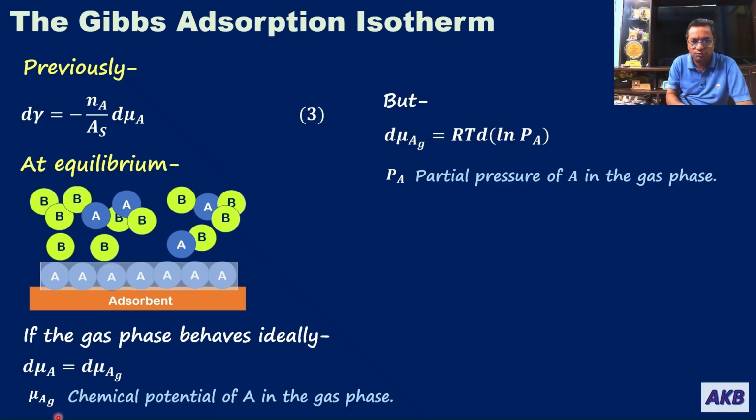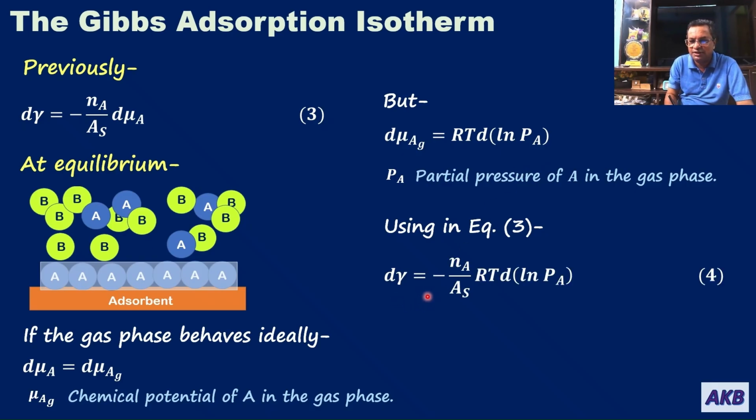So we can use this in equation number 3. First we replace d mu A with d mu Ag, and then d mu Ag is replaced with RT d ln of PA. This gives us d gamma is equal to minus nA upon As into RT into d ln of PA, and I'm calling it equation number 4.